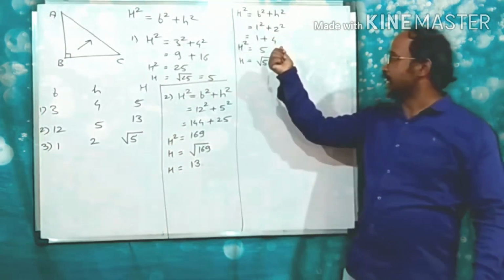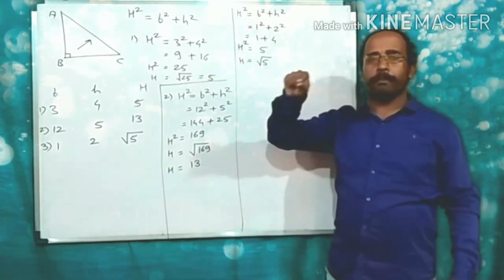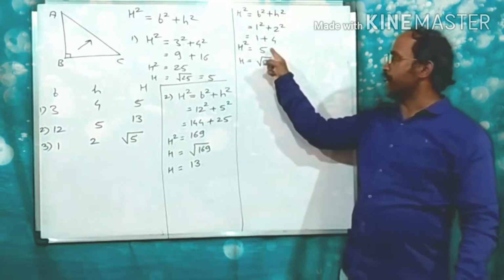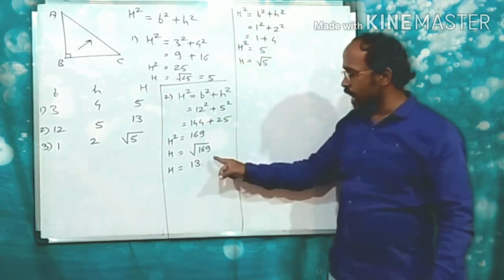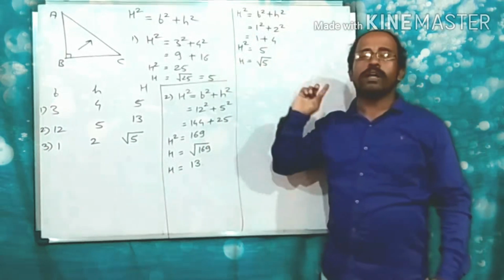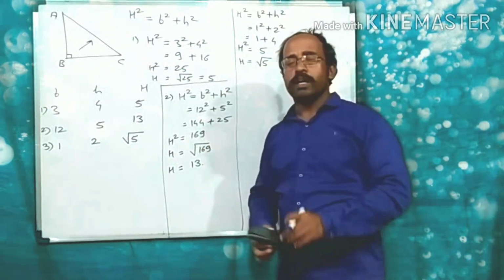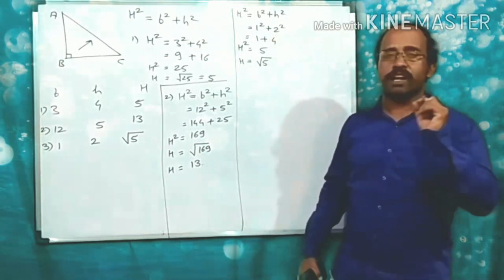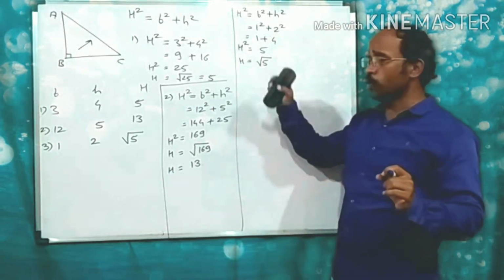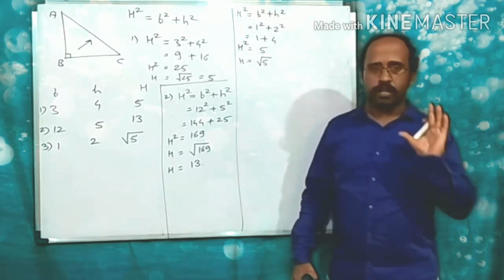Because this 5 is not a perfect square. We cannot find its square root as a natural number as we have done in these two examples. Okay students, this root 5 is called an irrational number.